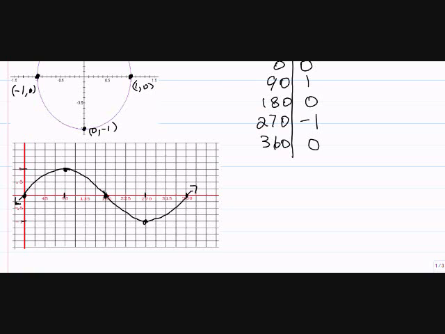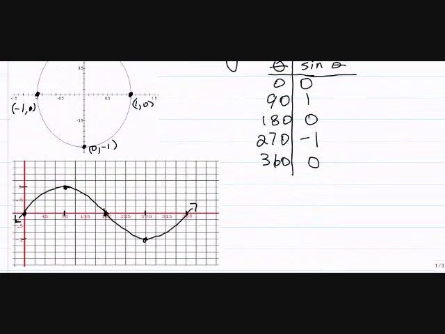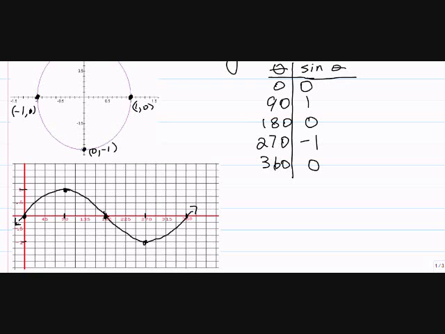All right. But we don't always do things in degrees. So let's look at the sine function using radians instead of degrees.